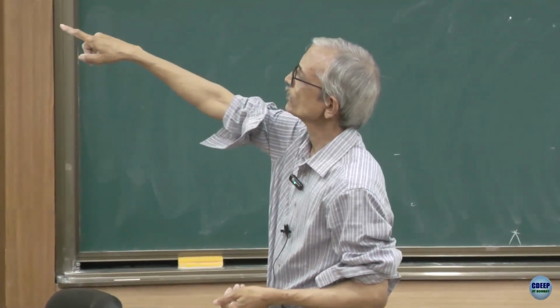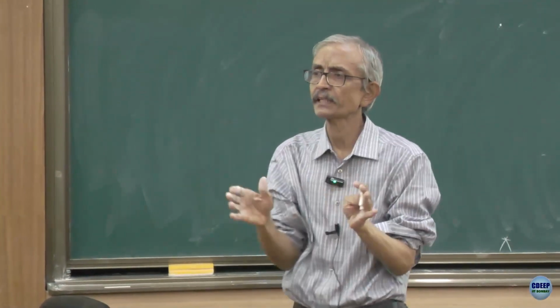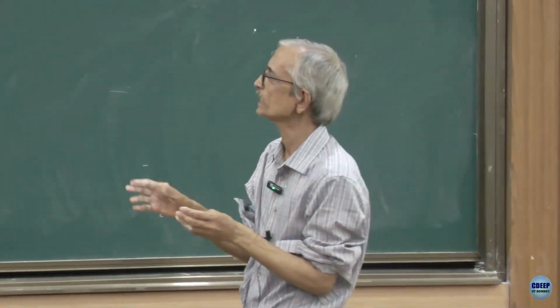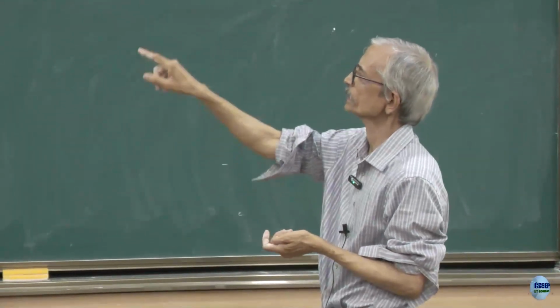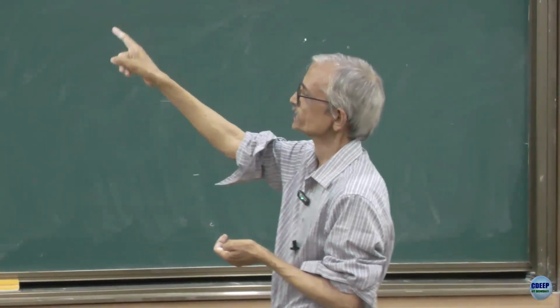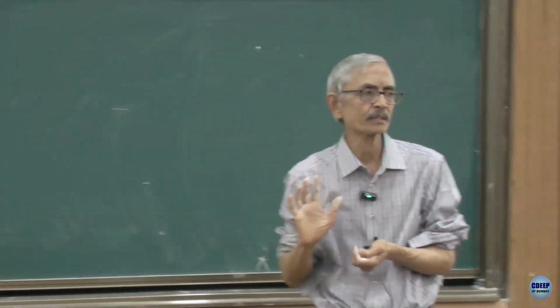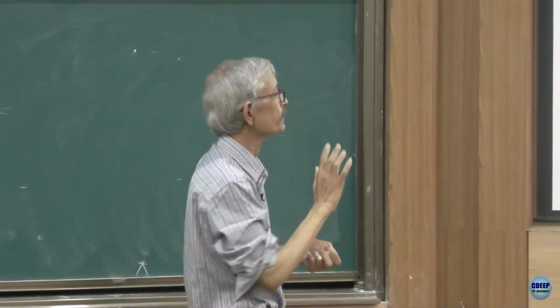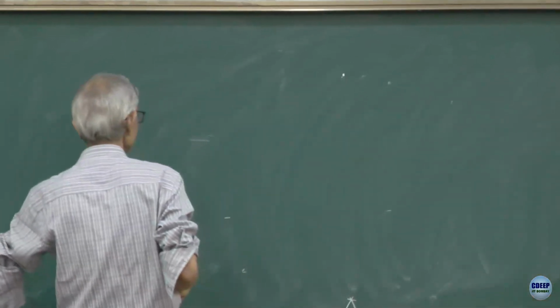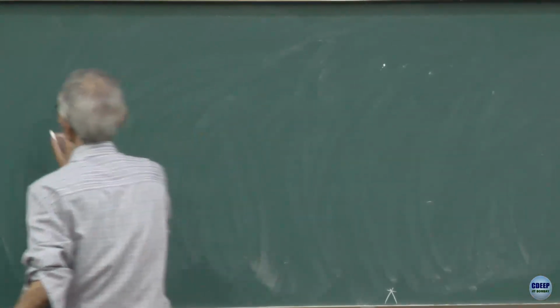All I am doing there is expanding e to the power of minus i n pi x by L as cos n pi x by L minus i sin n pi x by L, and the next term as cos n pi x by L plus i sin n pi x by L. But the final step, let us just write down.